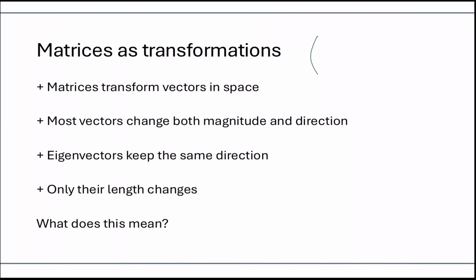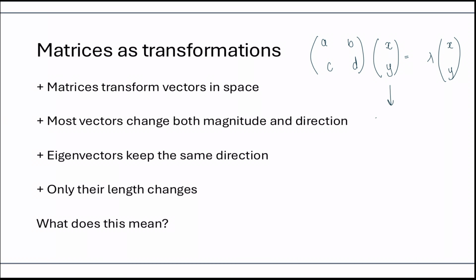So if I had the matrix A, B, C, D and multiplied it by the vector xy, I'm still going to get that vector xy, but because the magnitude of this vector has changed, we can represent that magnitude using lambda.